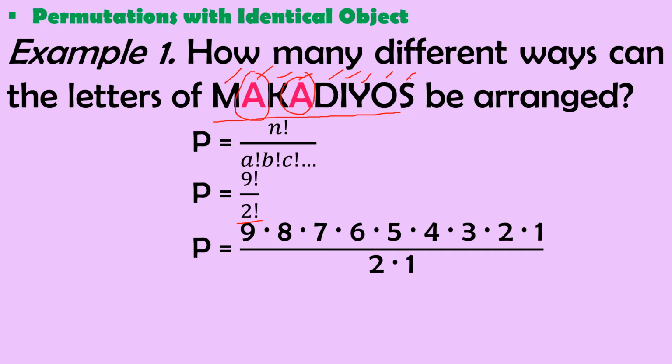It is division. We can cancel the 2 in the numerator with the 2 in the denominator, and also the 1 from our numerator and from our denominator. So the only numbers that remain are 9 times 8 times 7 times 6 times 5 times 4 times 3. So I want you to get the product.